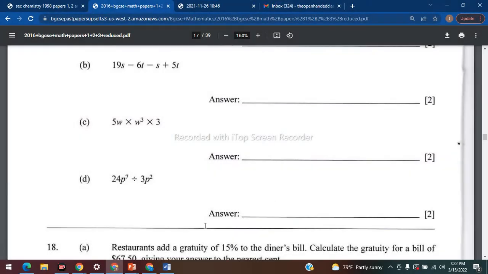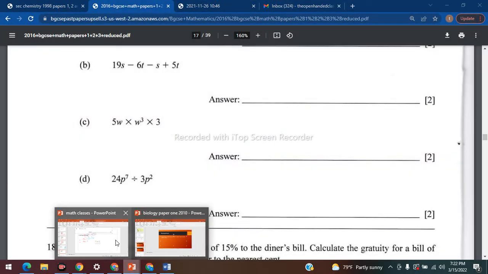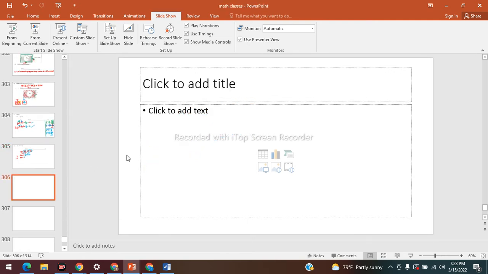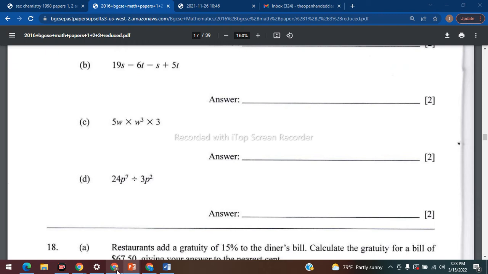I'm pretty sure this has nothing to do with BGCSE, because whatever this is, I have no clue what it is. You have no clue? Y'all didn't do... No, I'm in the 7th grade. Yeah, y'all haven't done grouping of like terms, unlike terms. It's good that you're in this class.